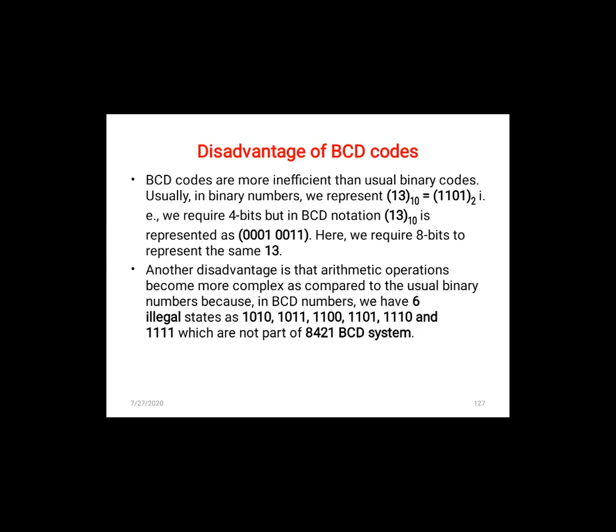The 6 states are there which are not valid; no such numbers exist for the BCD system. So BCD has disadvantages compared to simple binary numbers. But still, in some machines and microprocessors, they go with this BCD code, even though the circuitry is complex.